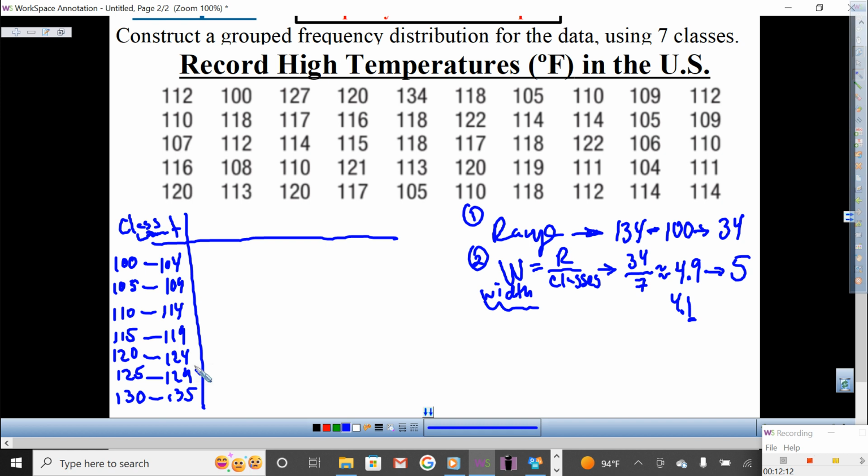Did anybody find any gaps? Are there any gaps? No gaps. Look at it one more time before I call on someone. Look at it, go class by class, and see if there are any gaps.